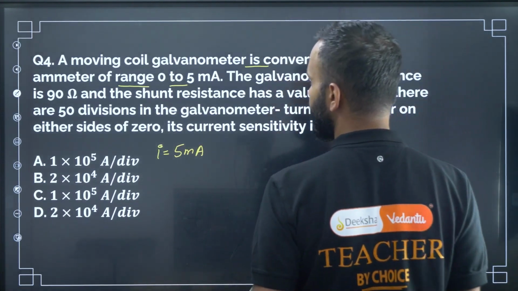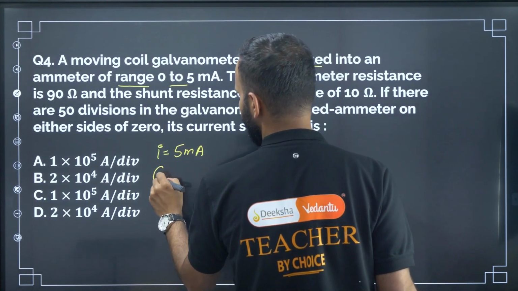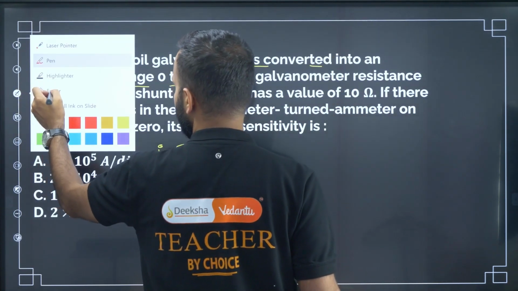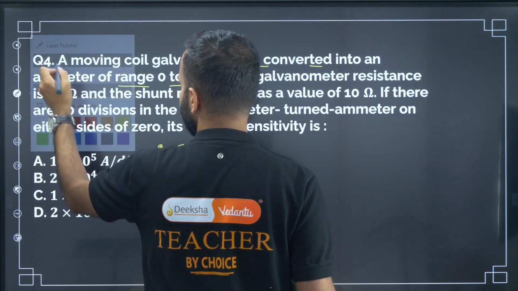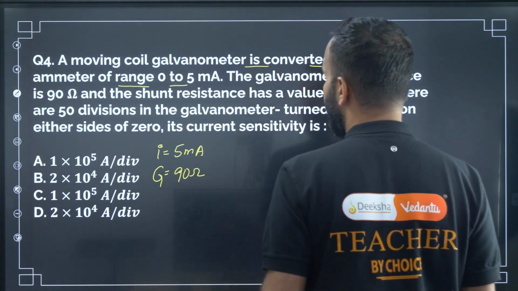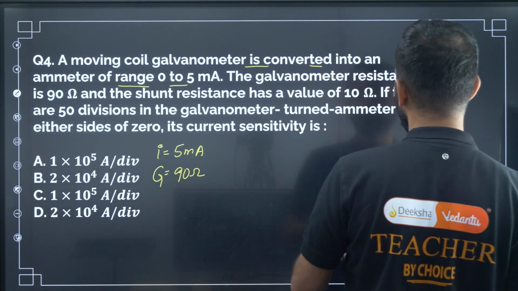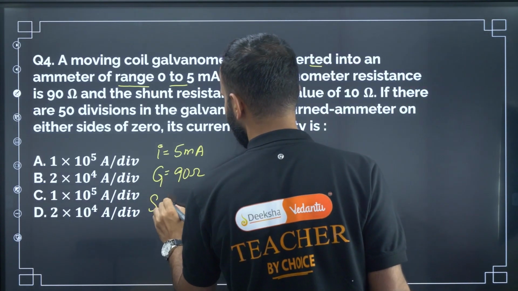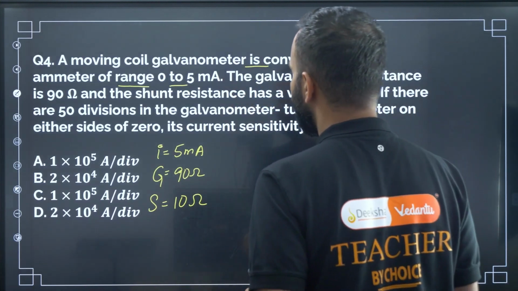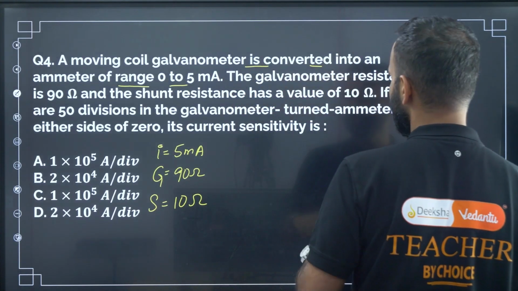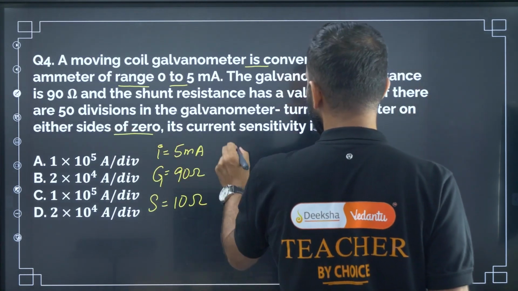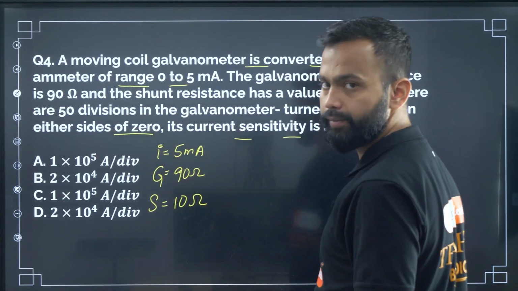The galvanometer resistance is 90 ohm, so G is equal to 90 ohm, and the shunt resistance has a value of 10 ohm, so S equal to 10 ohm. If there are 50 divisions in the galvanometer turned ammeter on either side of 0, its current sensitivity is, okay.